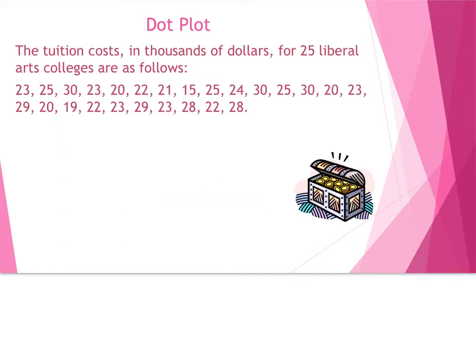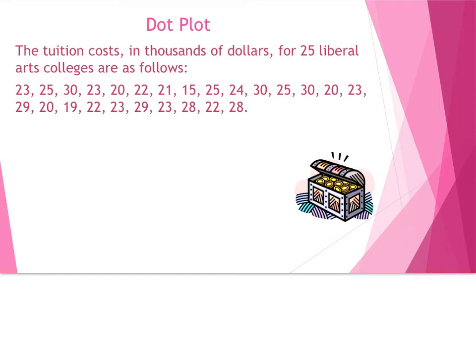If I look at my list of data values, I need to find my minimum and my maximum. Otherwise, I don't know where to start. That's something that's very common when you have quantitative data. Minimum and maximum set you up for where you need to be.